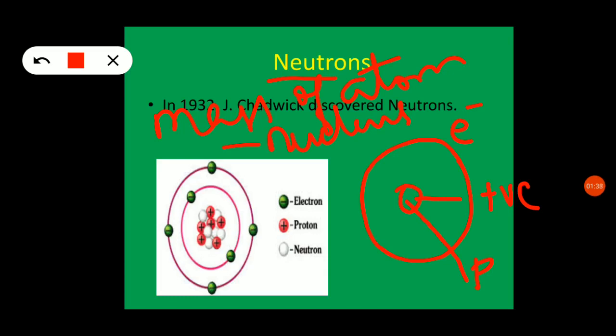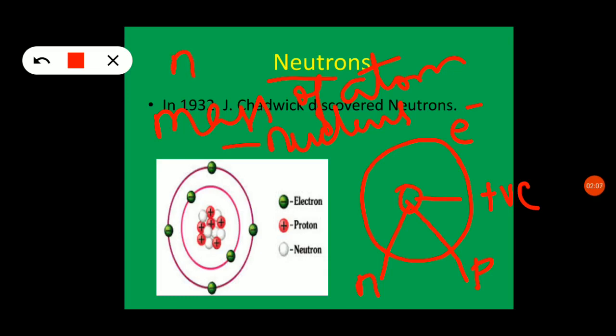They are present in the nucleus, so in the nucleus we have neutrons and protons. These neutrons are neutral in charge, and they are present in the nucleus of all the atoms except hydrogen. Neutrons are represented by the small n.